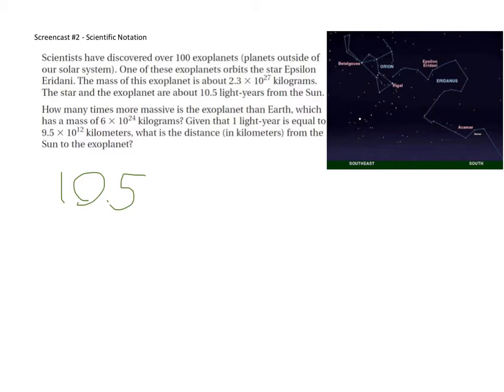So we take 10.5 and multiply it by 9.5 times 10 to the 12th. Now think about what that means. The reason this makes sense is, if 1 light year is this, then 2 light years would be this times 2. And 3 light years would be 9.5 times 10 to the 12th times 3. And 4 light years would be 9.5 times 10 to the 12th times 4.